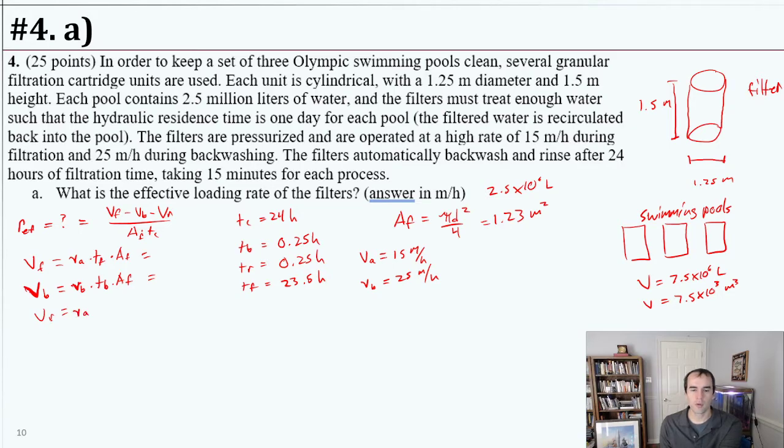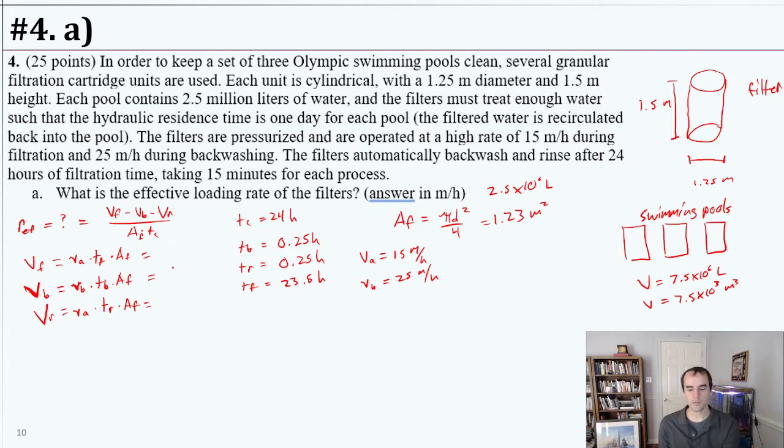The volume for the rinse, we can find that by using the loading rate during the rinsing, which is VA. And the reason we use the loading rate for the rinsing rate is because we're rinsing at the same exact rate that we would be producing our water. So we're just operating in the same manner we would normally.